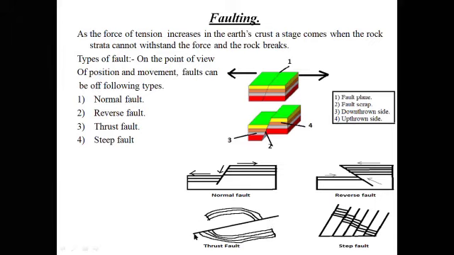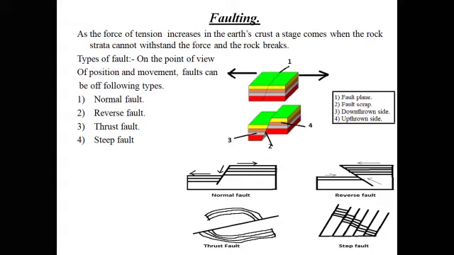When due to the tensional forces, there are two blocks, this is one block, this is another block, when one block is pushed forward along the fault line, such types of faults are called thrust fault.